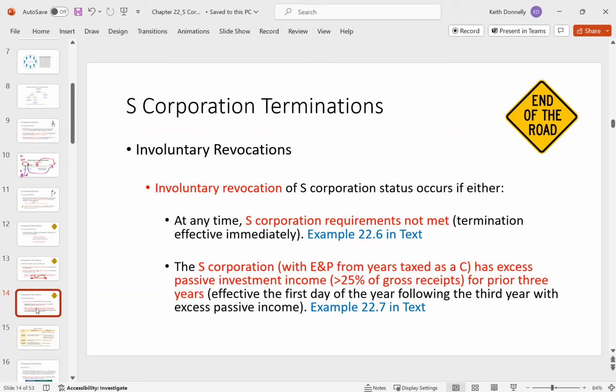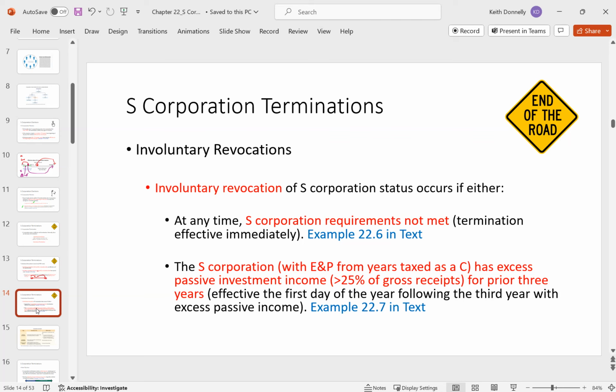So if at any time we're chugging along, we're an S Corp, we're an S Corp, at a point in time we fail to meet that S Corp requirement, 100 U.S. shareholders, all of the nuances with it, immediately, right then and there, our termination is effective involuntarily. So, hey, a shareholder sells their stock to a C Corp, immediately, right then and there, it's an involuntary revocation.